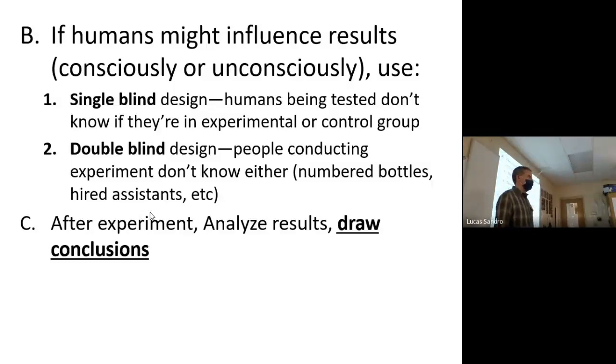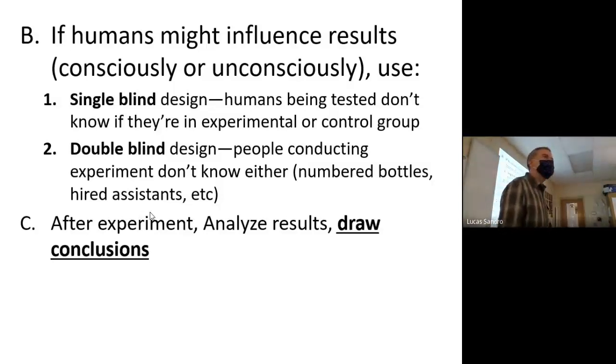Maybe. Last thing we've got to do is find all the variables that we weren't able to manage. What are all the things that might be creeping in to show a difference between our two groups that aren't our independent variable? Because you can't ever manage all the variables, right?